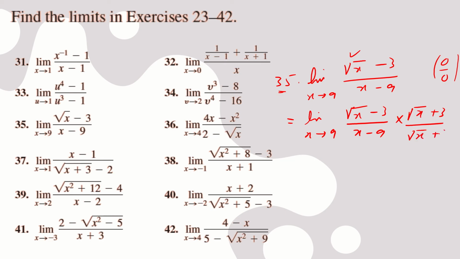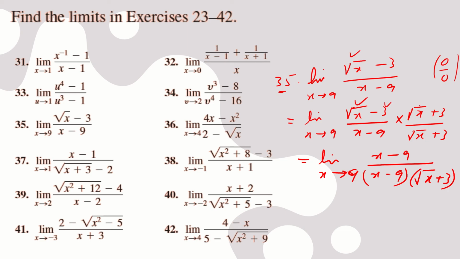So limit x goes to 9, we have x minus 9 in the numerator, and the denominator is x minus 9 into under root x plus 3. This is because a minus b into a plus b gives under root x square minus 3 square, which gives this one. Then we cancel these together and apply the limit, so we get 1 over under root 9 plus 3, that is 1 over 3 plus 3, which is 1 over 6.